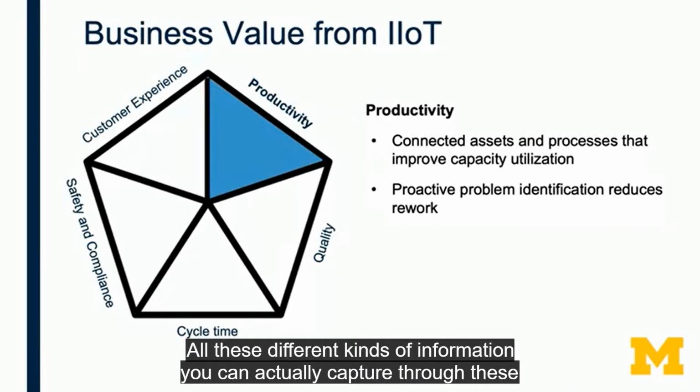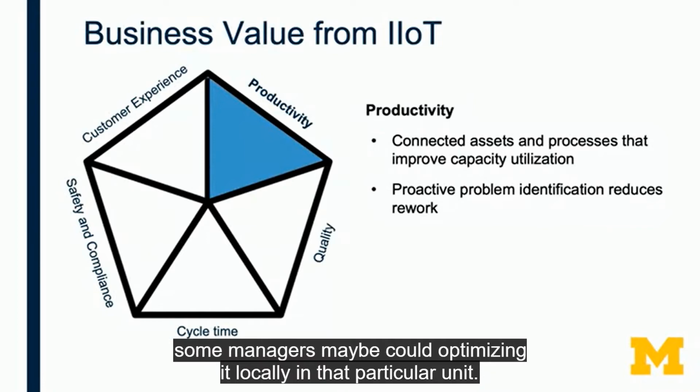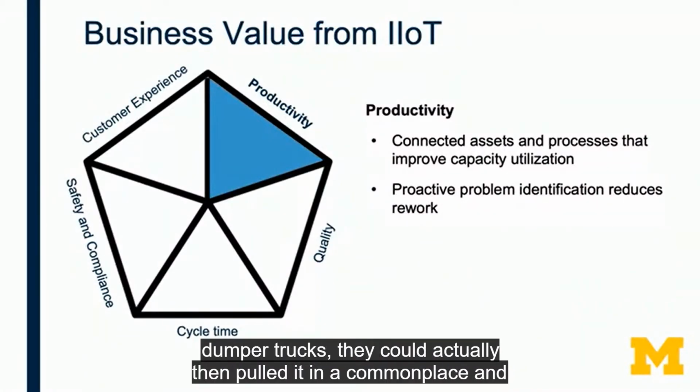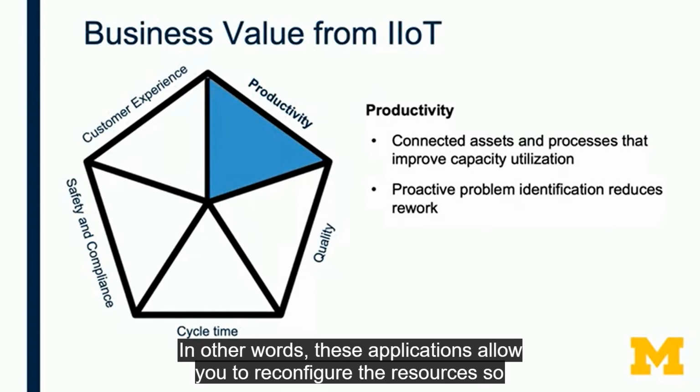Now, when you put all these things together, then instead of some managers optimizing it locally in that particular unit, when they get the information about capacity utilization of all these thousands of dumper trucks, they could pool that in a common place and better allocate the resources. In other words, these applications allow you to reconfigure the resources so that you can improve the capacity utilization.